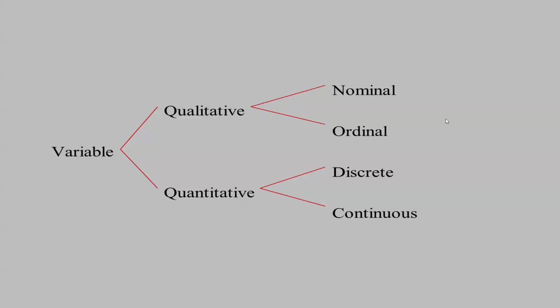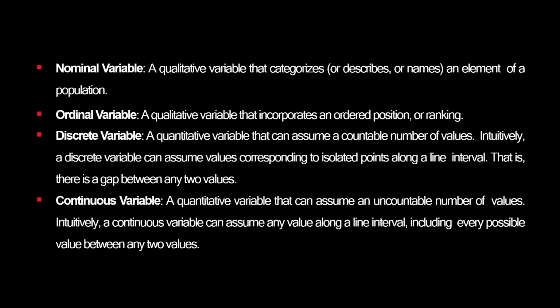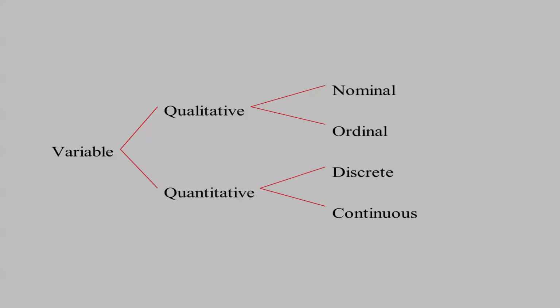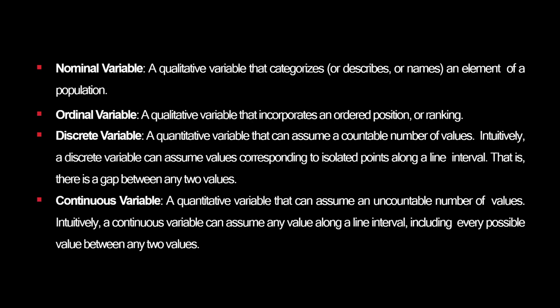Okay, so qualitative has two sub-classifications, nominal and ordinal, and quantitative has discrete and continuous. Let's see one by one. The qualitative variable is otherwise called a categorical variable, which I forgot to mention earlier.